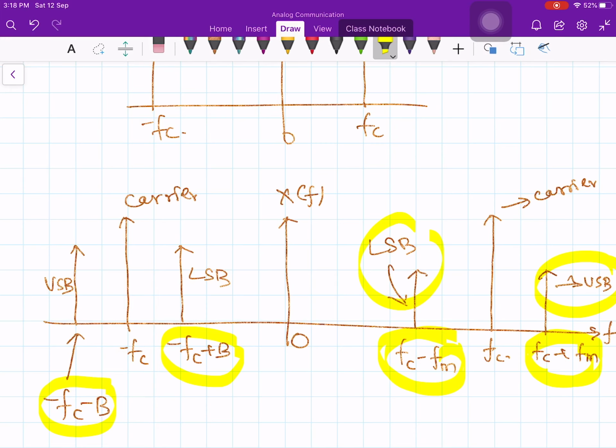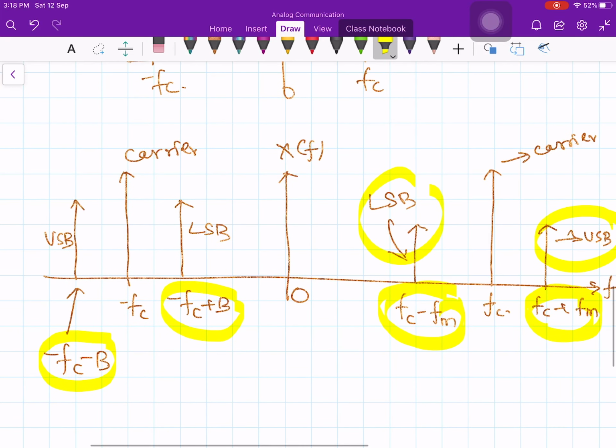Now, if you take this one and this one, minus f_c minus f_m and f_c plus f_m constitute the upper sideband. Similarly, minus f_c plus f_m, I am sorry, this is wrong, this is not B, it is f_m.